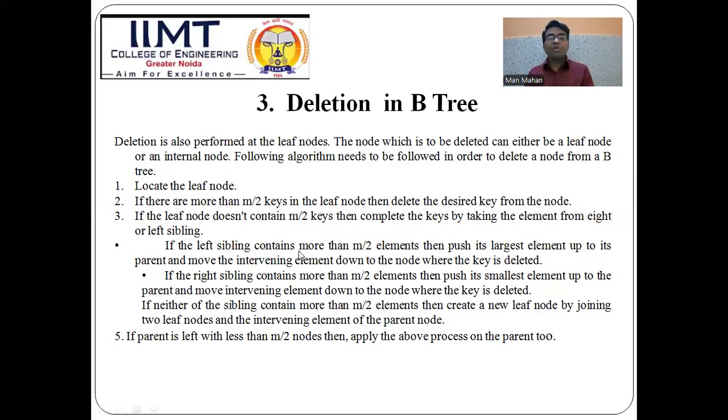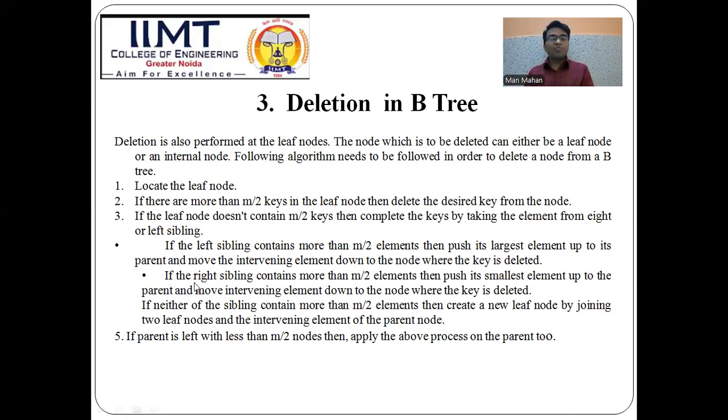If the left sibling contains more than m by 2 elements, then push its largest element up to its parent and move the intervening element down to the node where the key is deleted. This is the first case if elements are not more than m by 2 keys.